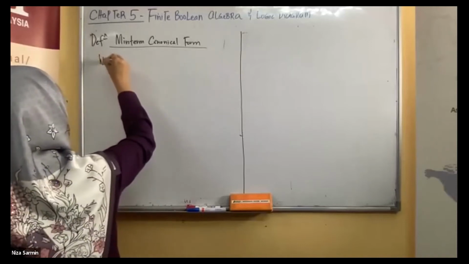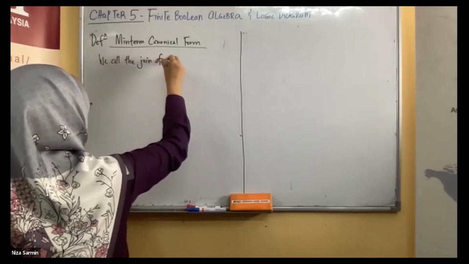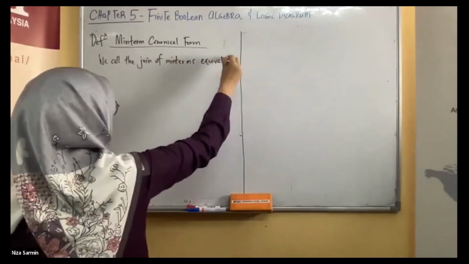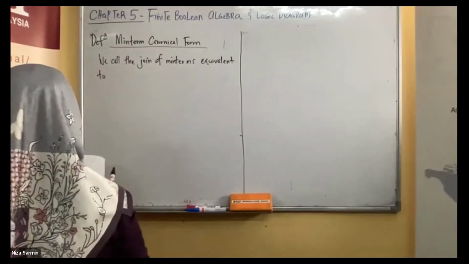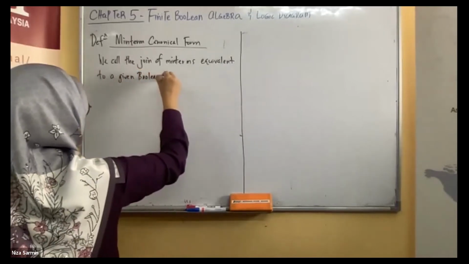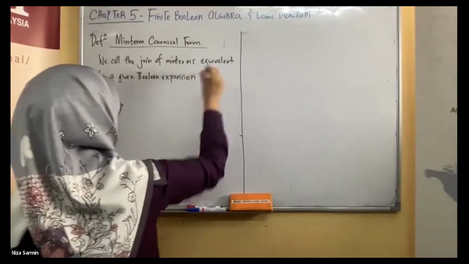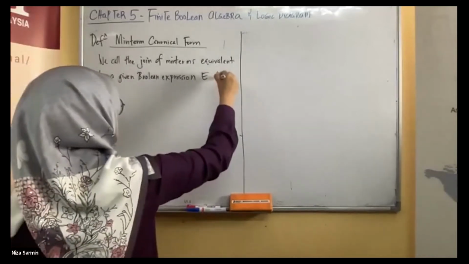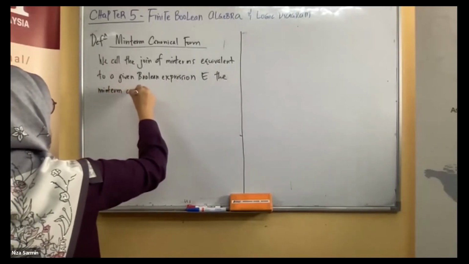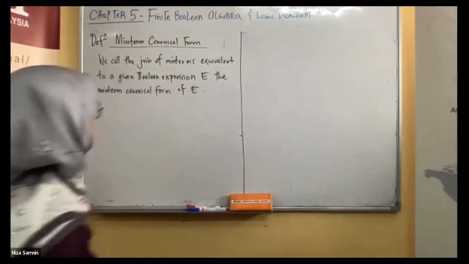Okay, we call the join of min terms equivalent to a given Boolean expression E, the min term canonical form of E. So E is the expression.